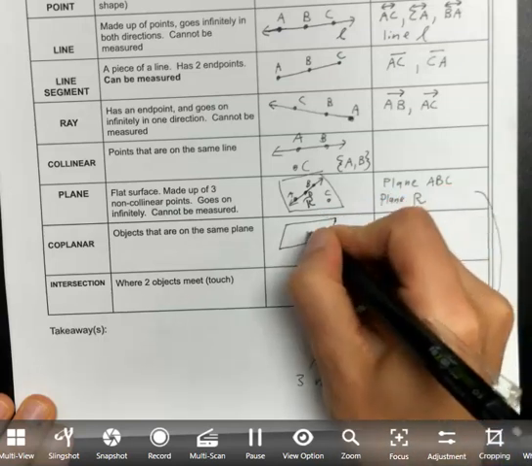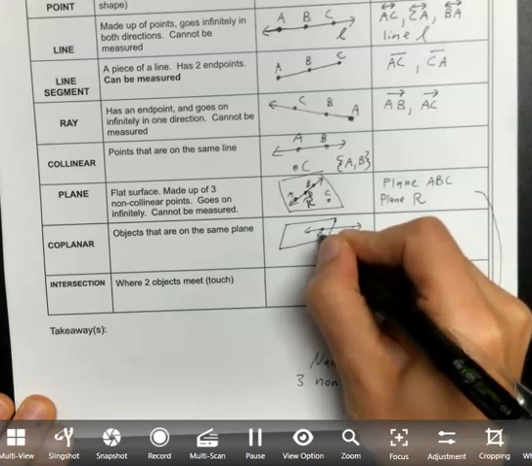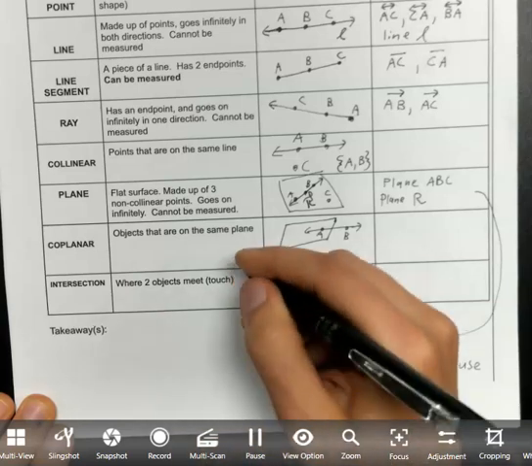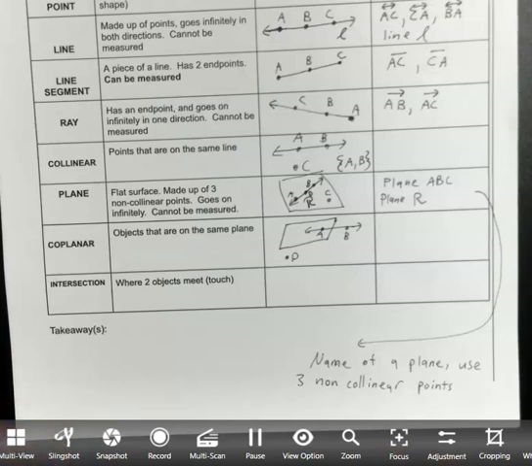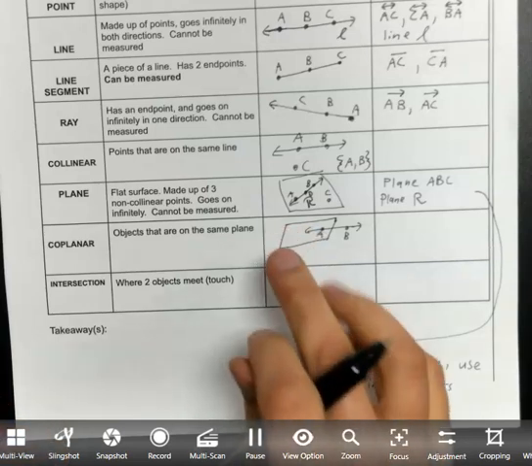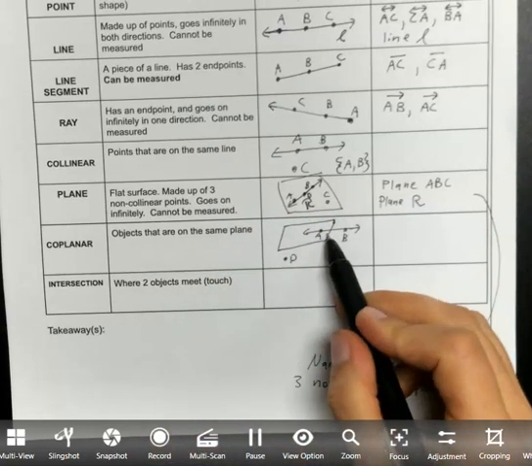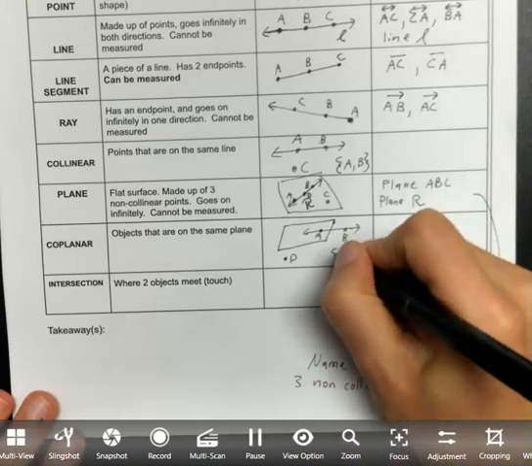All right, coplanar means that it's all on the same plane. So in this case, let's say I have a line, a point A, a point B, and a point D out here. Since a plane goes on infinitely in this direction and a line goes on infinitely in this direction, A and B are all on that plane.